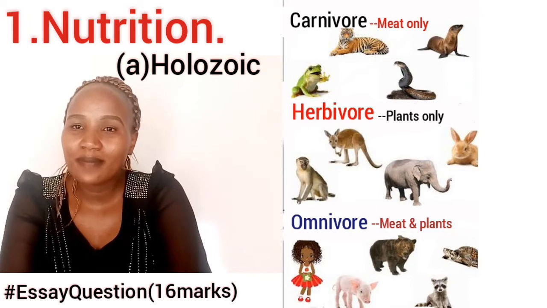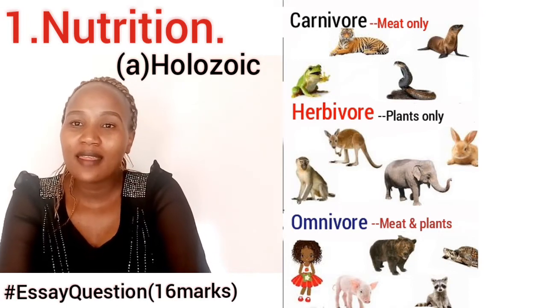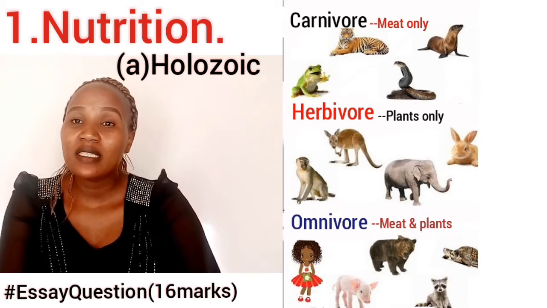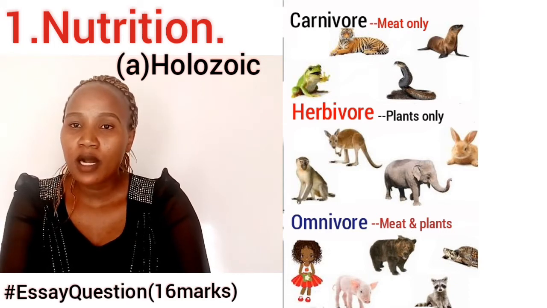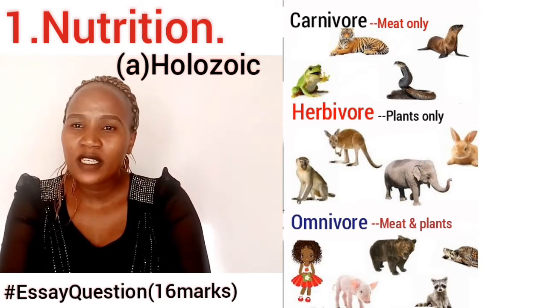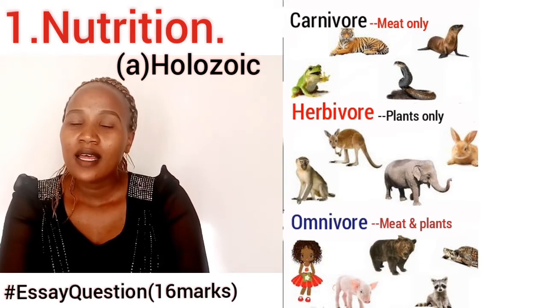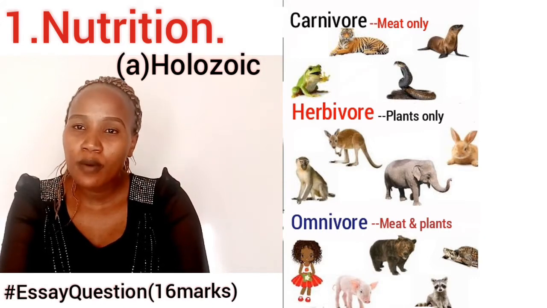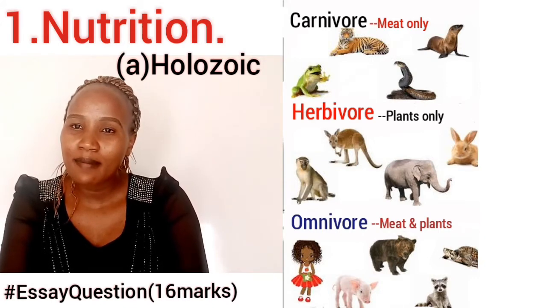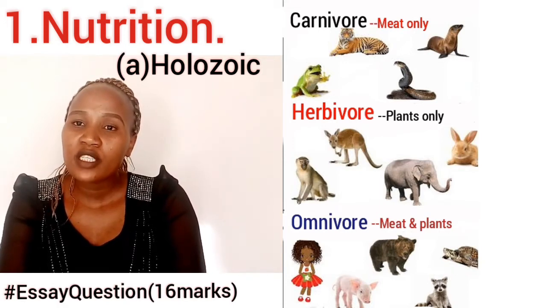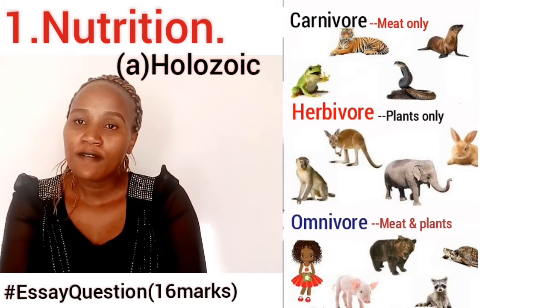They ingest food, they digest it, and then they egest. So when you talk of ingesting, we mean that they introduce food in the mouth, they break it down physically, mechanically and chemically, so that the food material is absorbable in the body, and then they eliminate the indigestible and the unabsorbed food material out of the body by the process known as egestion, in form of feces.